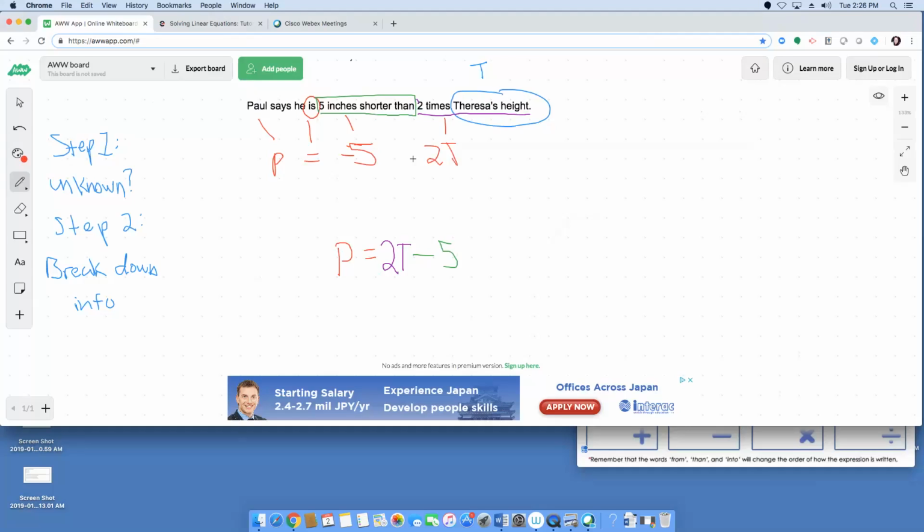And we'd have to put something there, so it'd be plus. The order of this, you could flip flop it. See? So we put the 2t in the front and the minus 5 in the back. So 5 inches shorter than 2 times Teresa's height. So we want to write it like this if we can. That than word right here changes the order. So we kind of flopped it around.